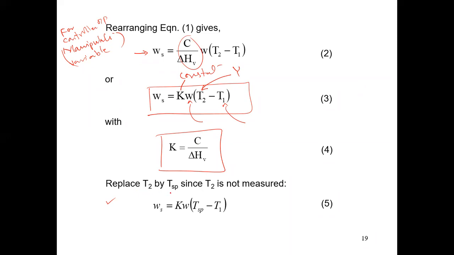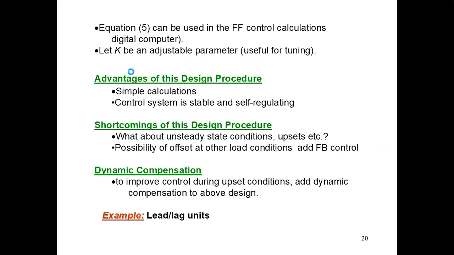Replacing T2 by the set point, since T2 is not measured, क्योंकि हम बात कर रहे हैं feed forward की, तो feed forward में we have no measurement of let's say the output Y. So उसको output को Y को हम replace कर देते हैं Y set point से. Okay, so we replace this thing, and then equation number 5 now can be used in the feed forward control calculations of the digital controllers.